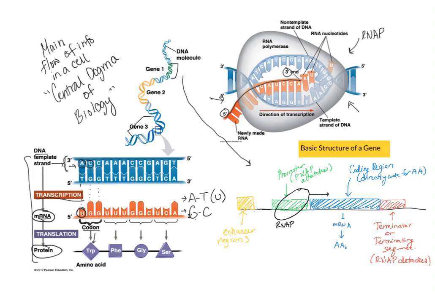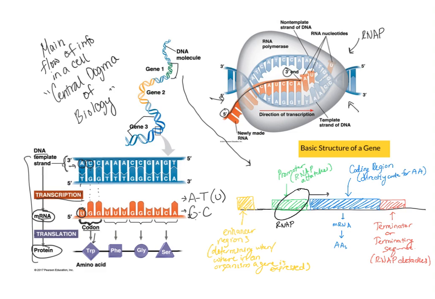And these sequences are key in determining when and where in an organism a gene is expressed. And this will be where specific types of proteins called transcription factors, which we'll talk about later in Unit 6, connect to, just like RNA polymerase binds to the promoter, and they help regulate when and where this particular gene is expressed.